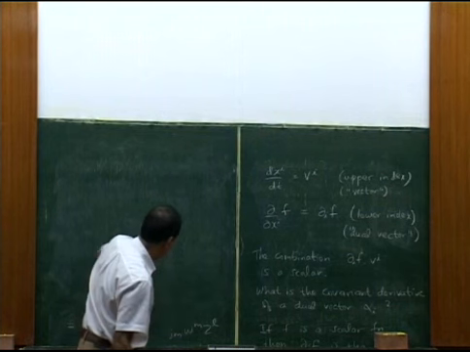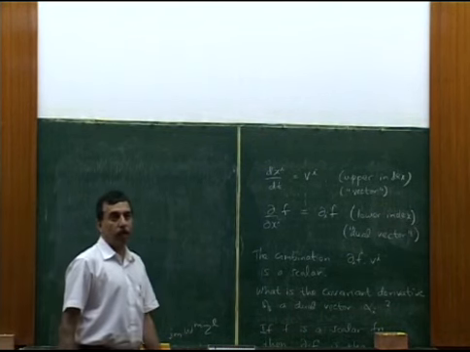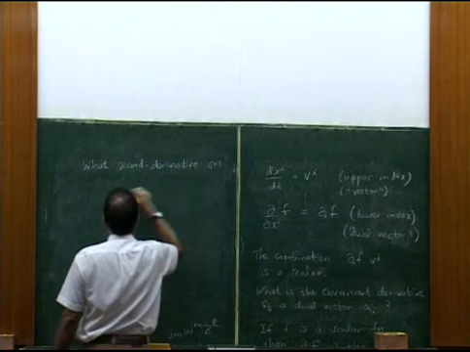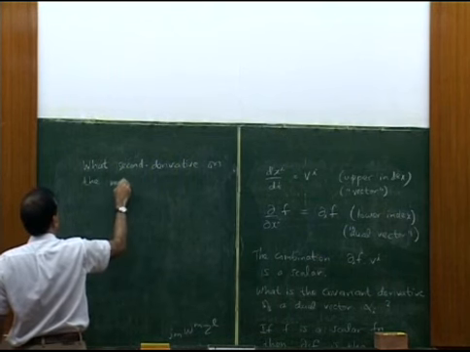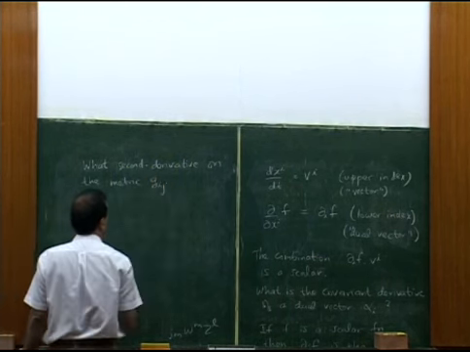Now there is a question which we could ask. So now we are in possession of the tools to ask the question. We want to know what second derivative on the metric g_ij provides the definition of curvature.